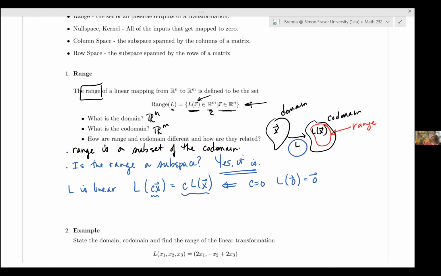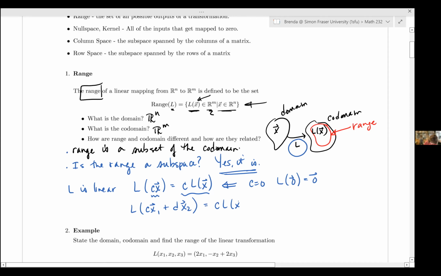We can also see, because L is linear, that L of cx plus dy, two inputs. So there's no confusion between x and y, let me call this L of c x1 plus d x2. So we've got two vectors in the domain, and we apply the linear transformation.